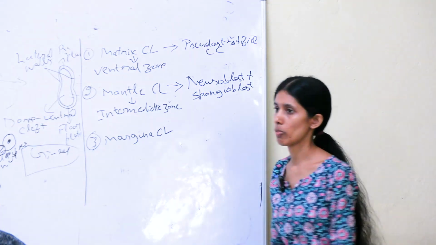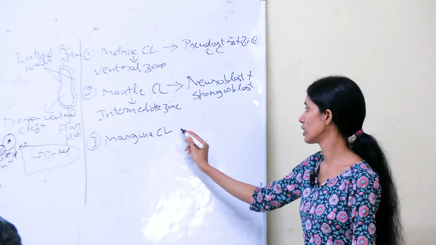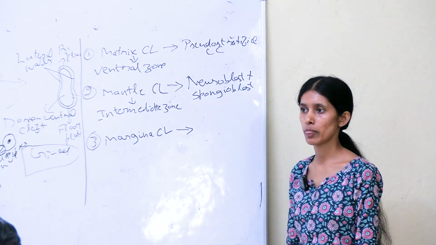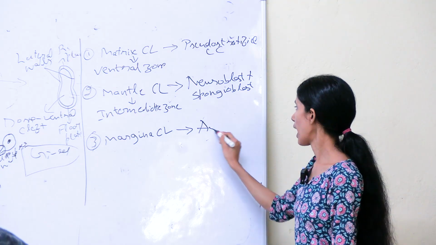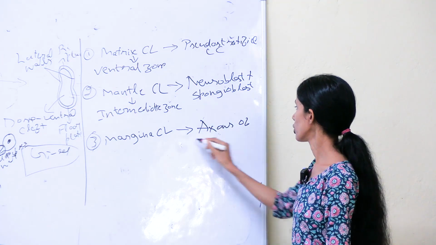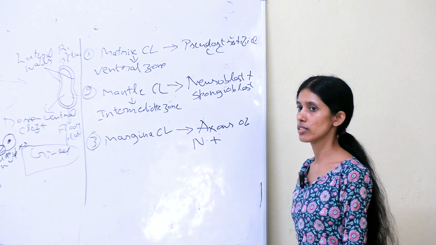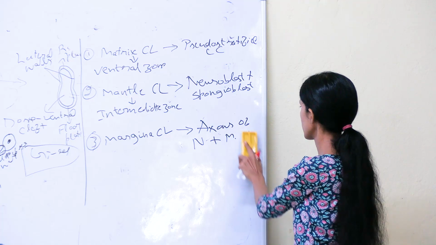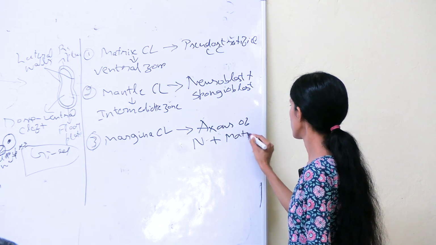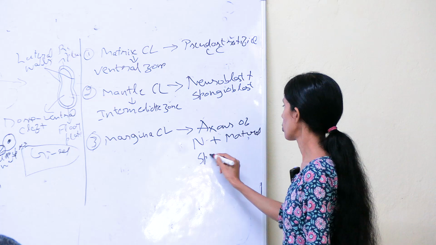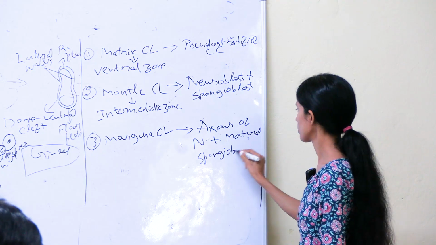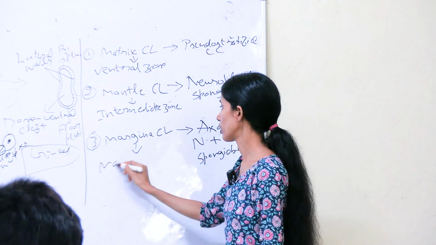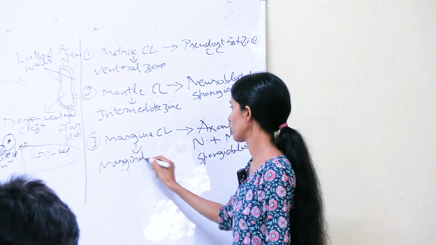The last one, the marginal cell layer, is lined by which cells? It is lined by axons of neuroblast cells plus matured spongioblast cells. And this cell layer is also referred to as the marginal zone.